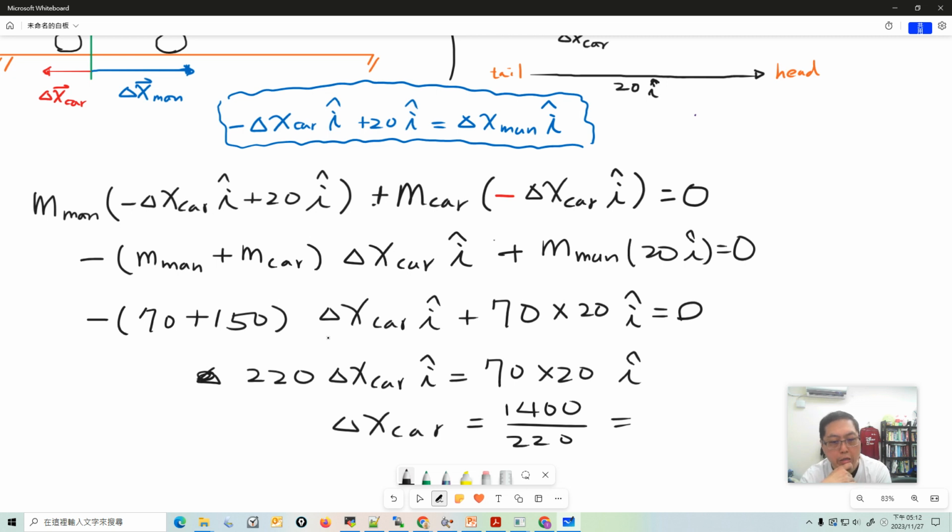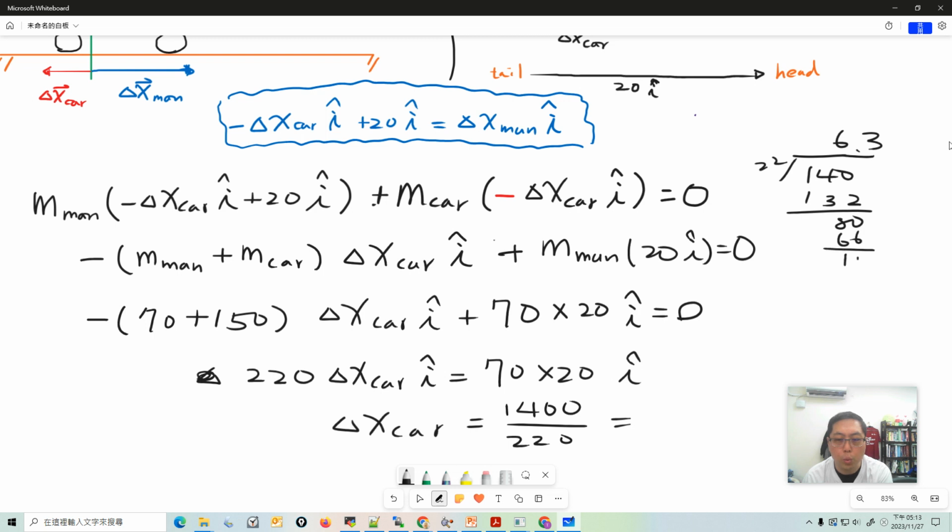So the amount, let me see, calculator, 1400 divided by 220, that's 6.3 something.